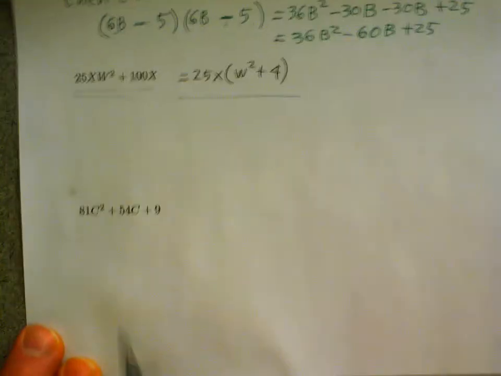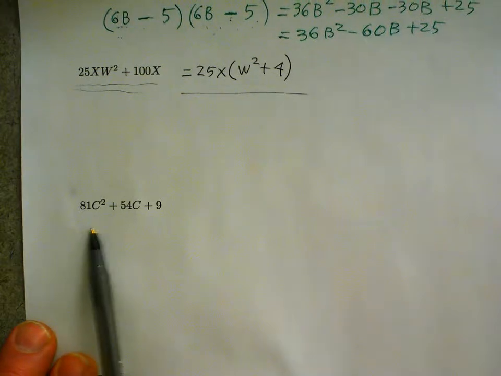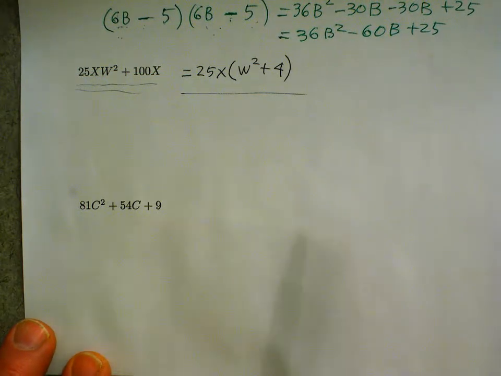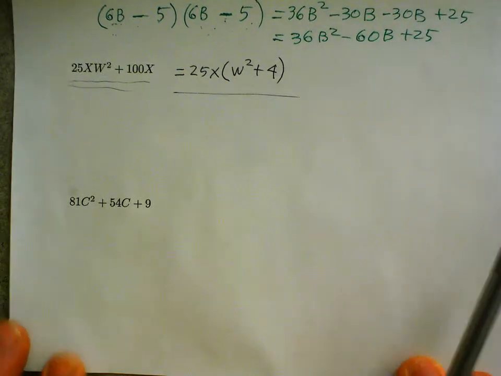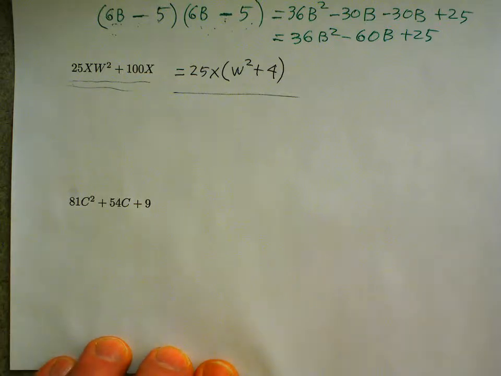Okay, the next one, 81c to the second plus 54c plus 9. What is the greatest common factor?